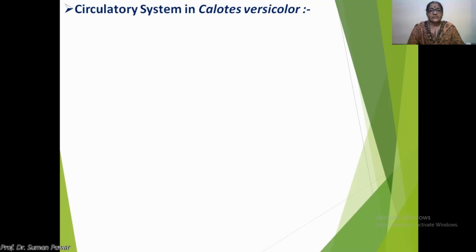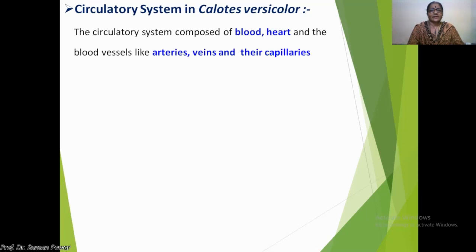Let us see the circulatory system in Calotes versicolor. The circulatory system in Calotes versicolor is composed of blood, heart, and the blood vessels like arteries, which together form the arterial system, the veins, which together form the venous system, and their capillaries, and hence it is considered as the blood vascular system.